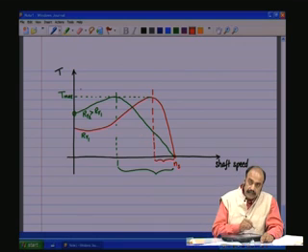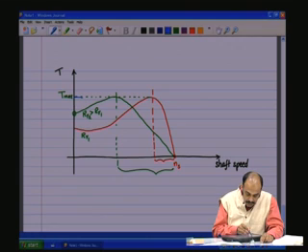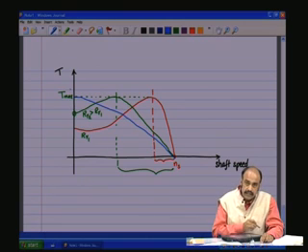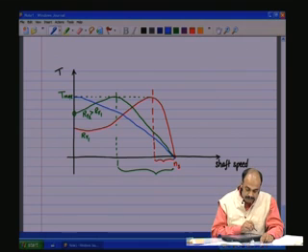If I further keep increasing it, one could probably have a curve which is like that. So you see that the starting torque is still further brought up to the maximum.